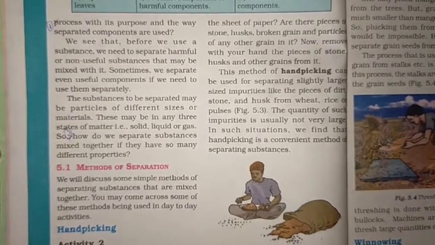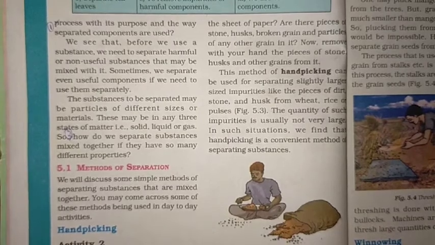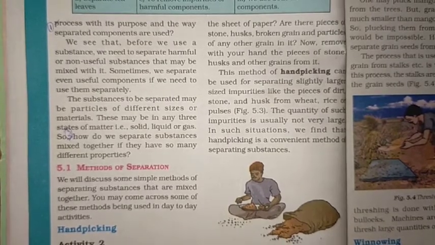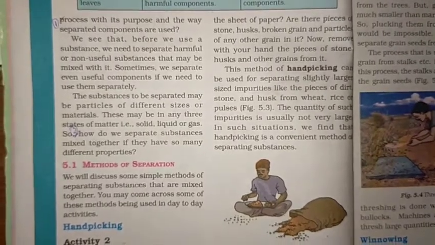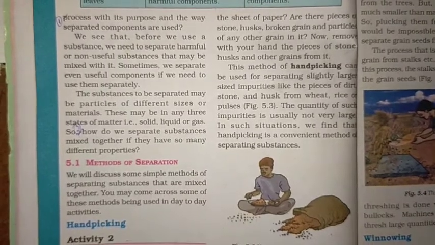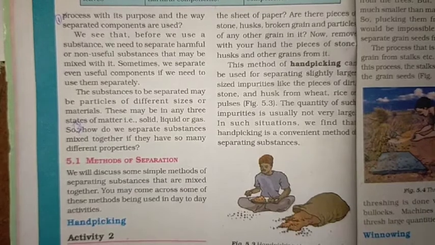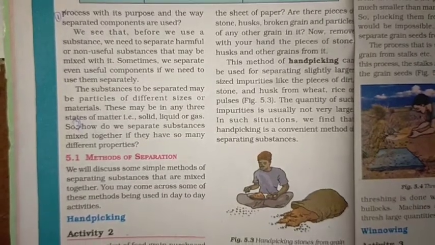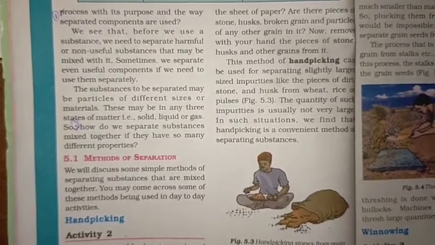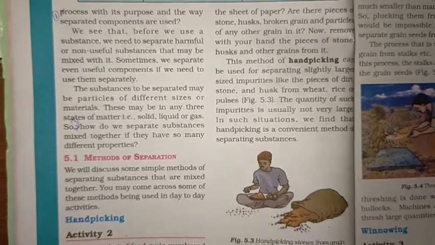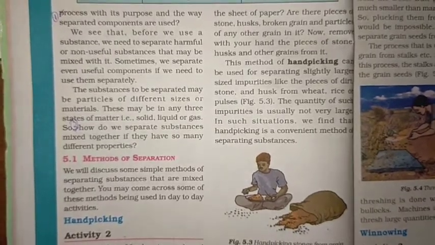So how do we separate substances mixed together if they have so many different properties? We use different methods: hand picking, winnowing, sieving, sedimentation, decantation and filtration are some of the methods of separating substances from their mixtures.